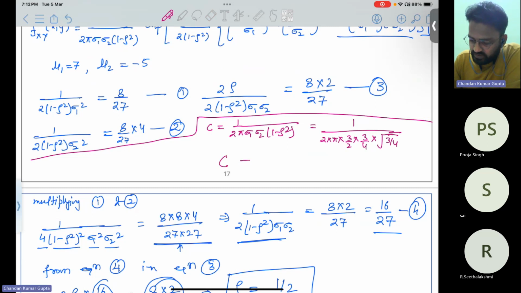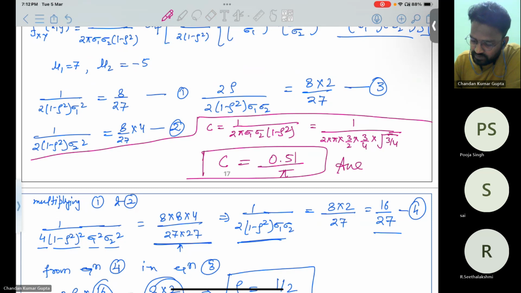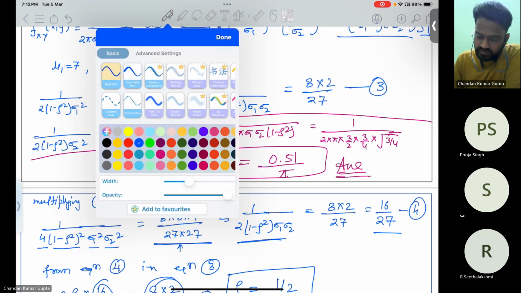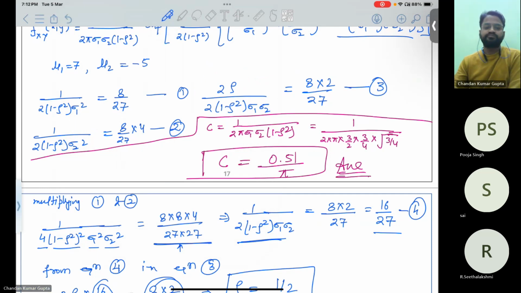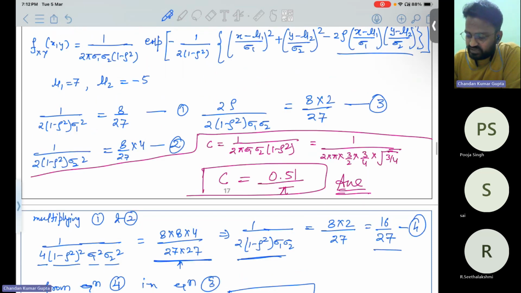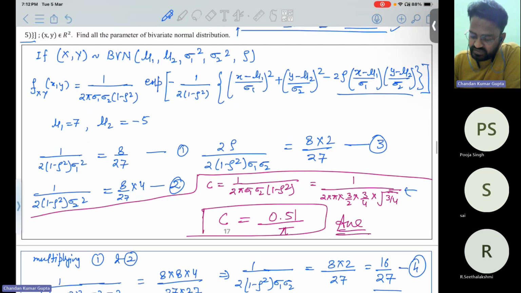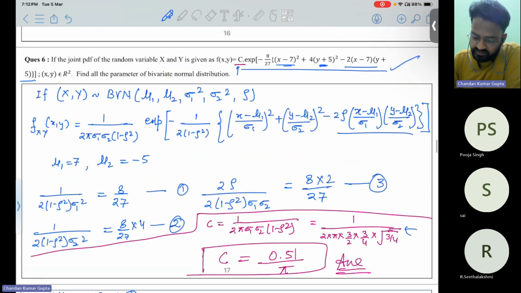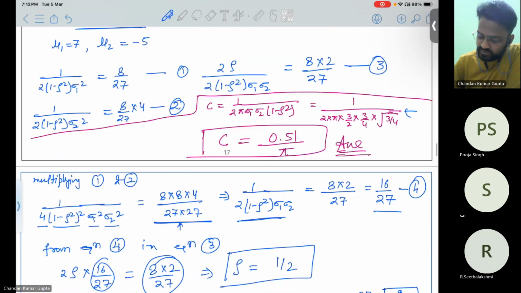After solving this, we will get C approximately equal to 0.51 upon pi. Just try to solve this, and compare the value of C from the standard form, and you will get the value of C from here.